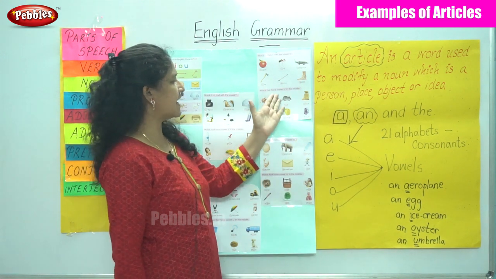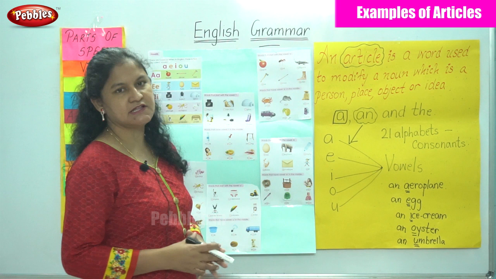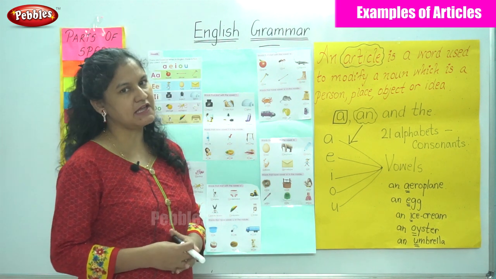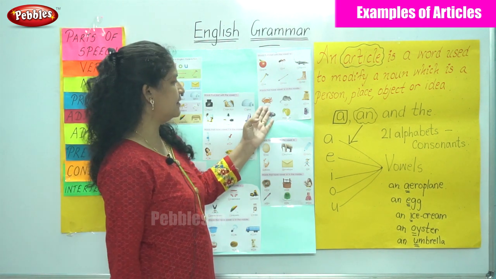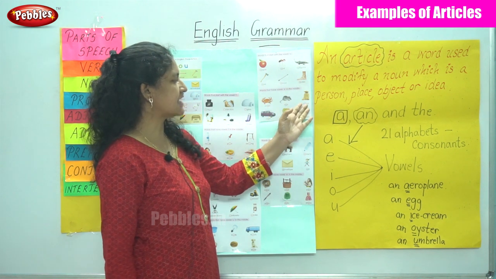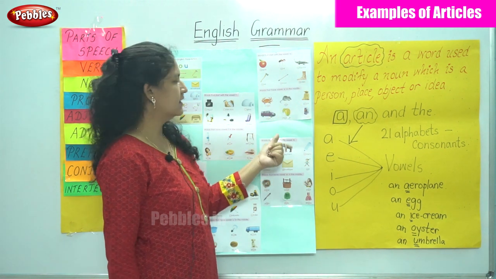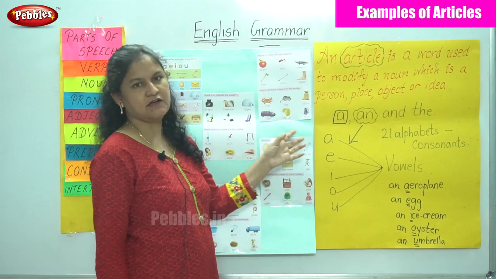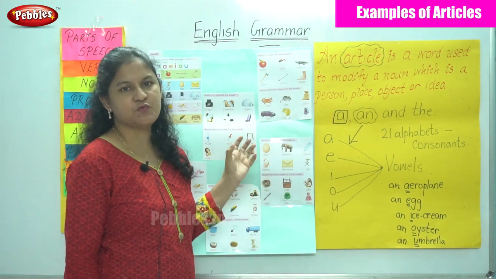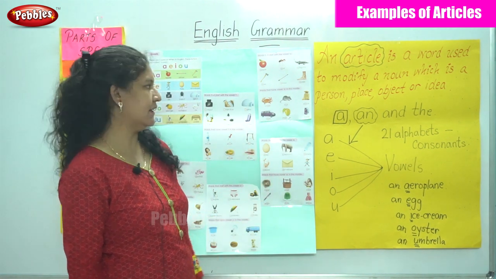There are also some words that have the vowel A in the middle. That is crab, rat, sack, van, mango, bag. So all these words have the vowel A in the middle.